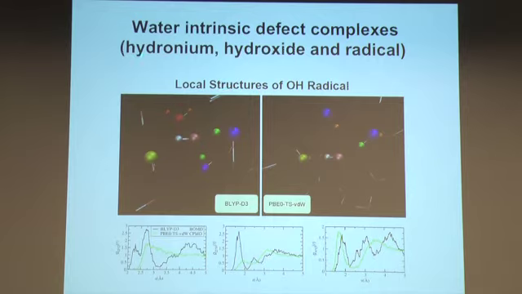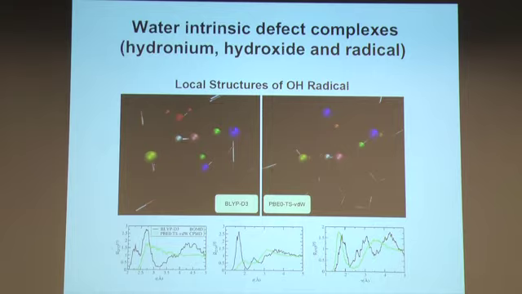That comes out naturally if we use this functional. And also the other thing that comes out is that both hydronium and hydroxide are stabilized compared to their GGA counterparts, in the sense that proton transfer processes do not occur as often.